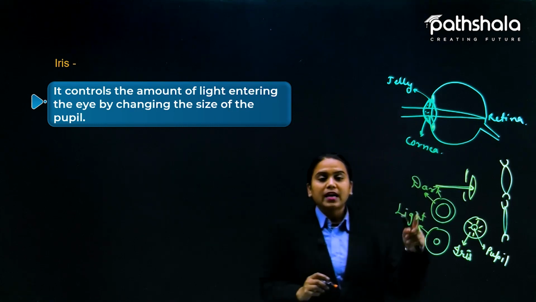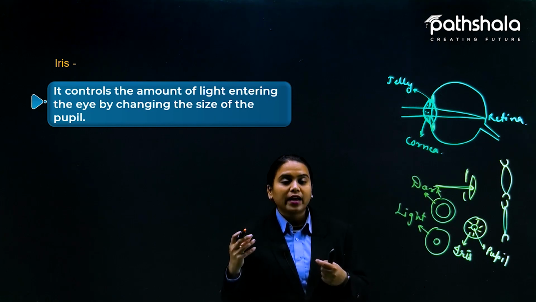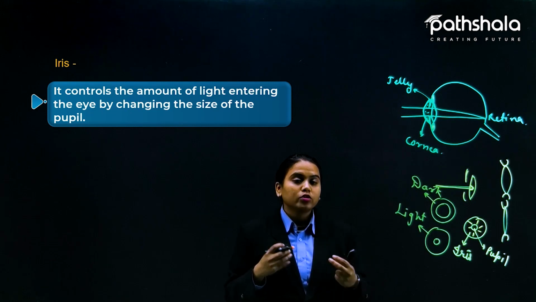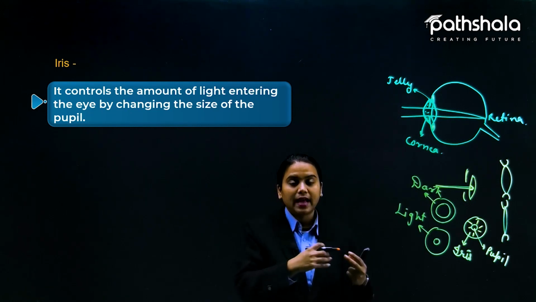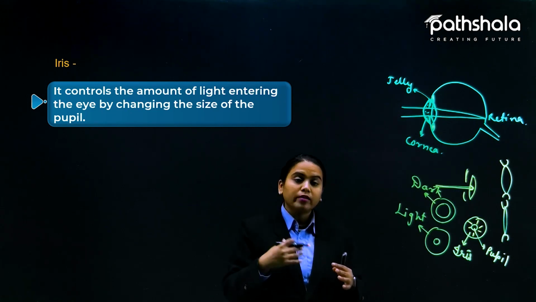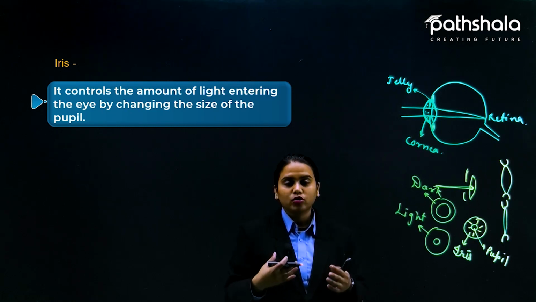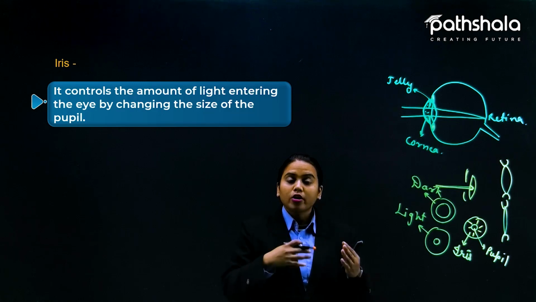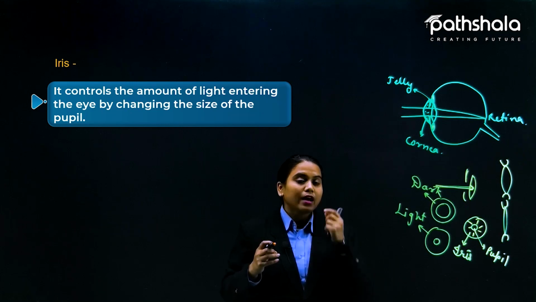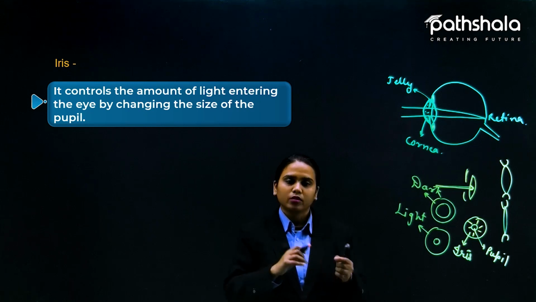So the iris is helping us so that we do not get damaged. And when we are in the dark, why is it expanding? Because you need a lot of light to enter, since you are standing in the dark, so that you are able to see the little amount of things that could be visible.